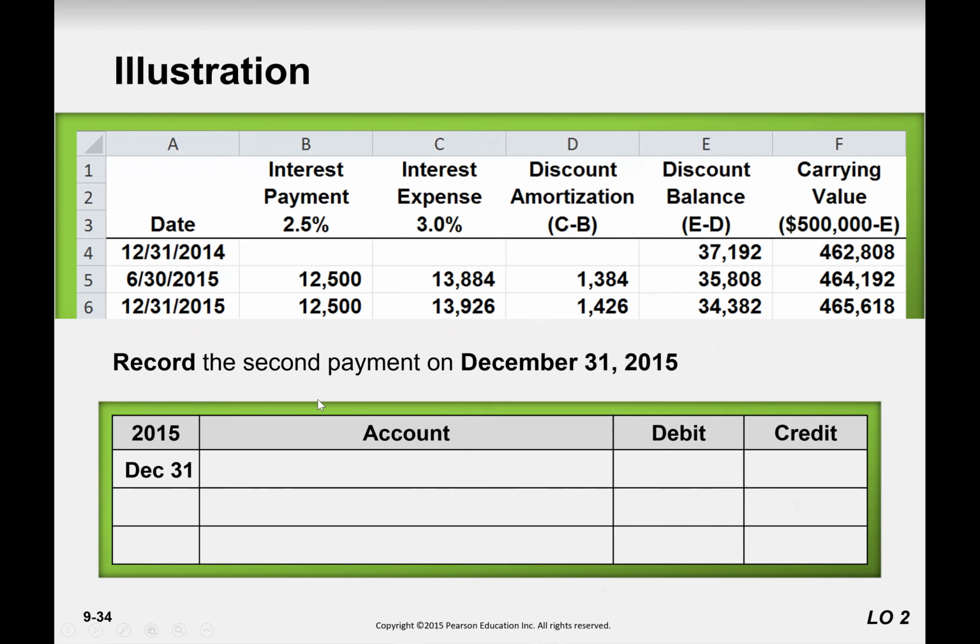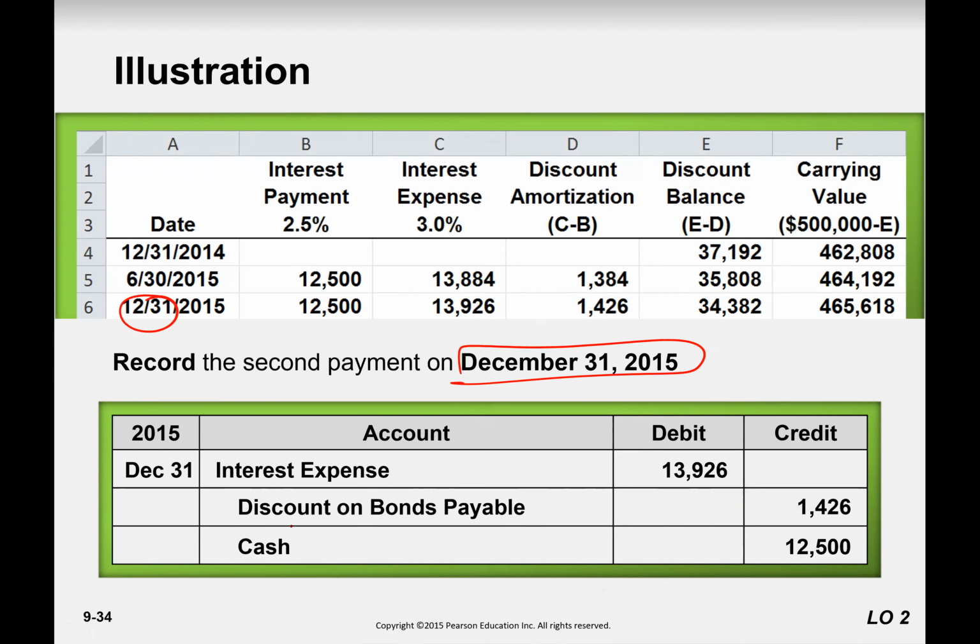And what about the second payment? The second payment is on 31st of December, and we close our books on 31st of December, so there is no interest payable. The entry is the same, interest expense, discount, cash, but the figures are a little bit different. Why?